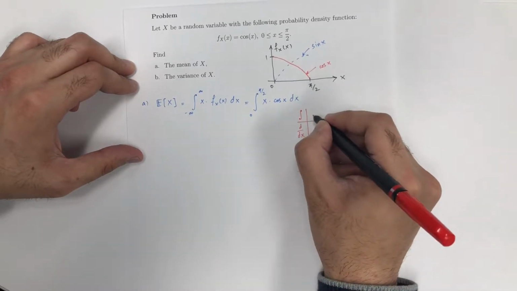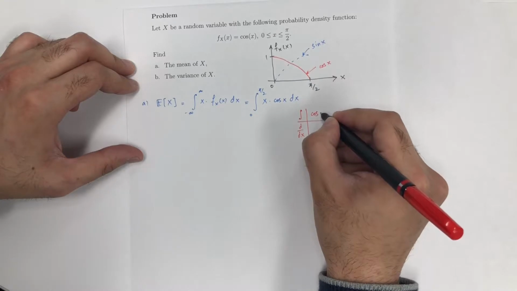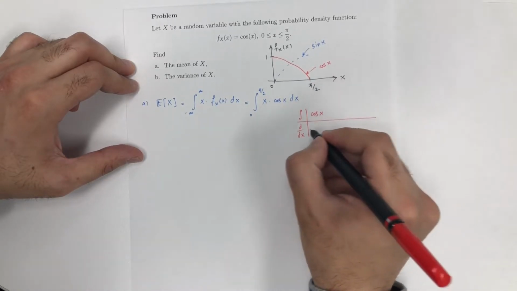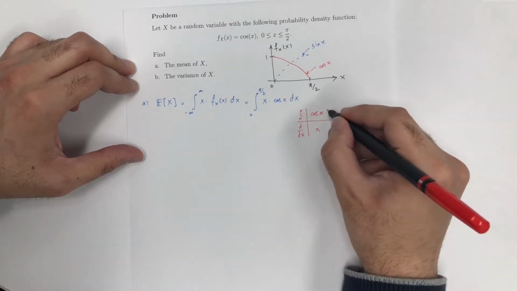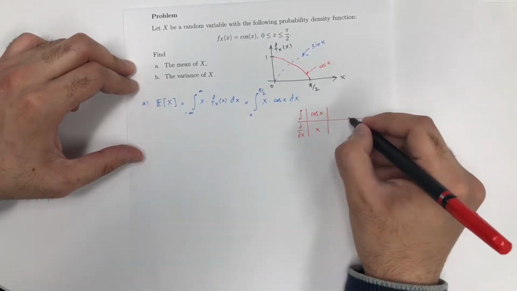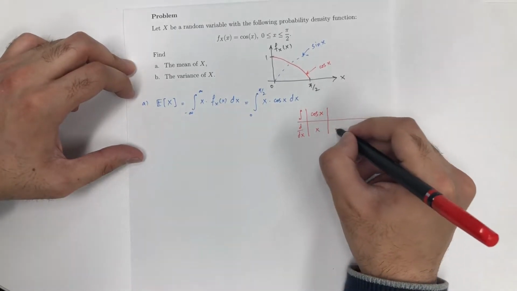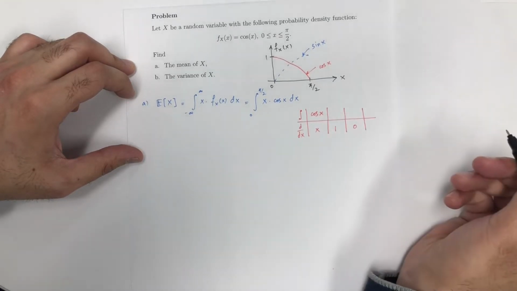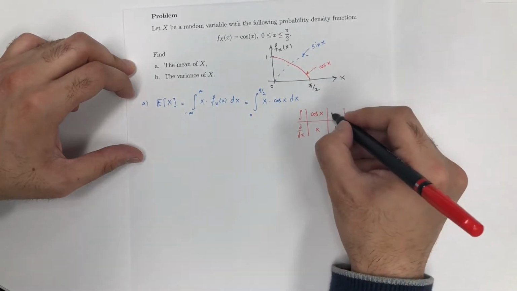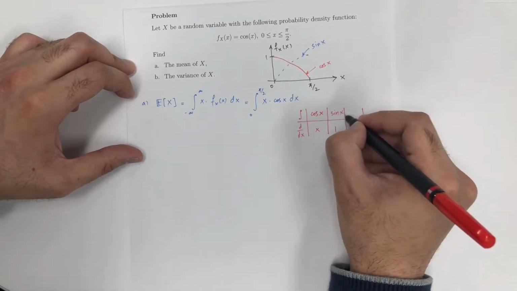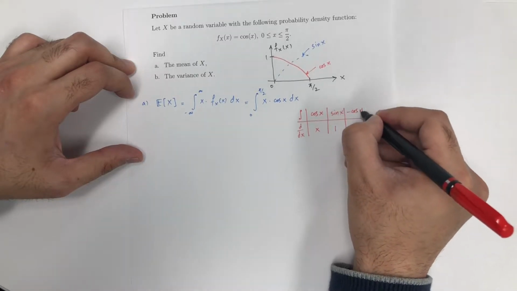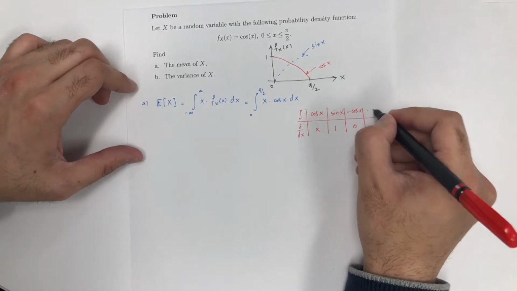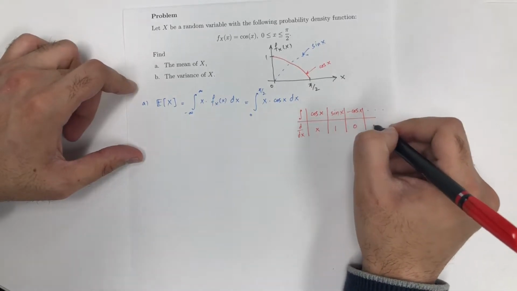So select cosine x as the integrating function and x as the differentiating function, because we know the derivatives of x are simple. So the derivative of x is 1, the derivative of 1 is 0, the integral of cosine is sine, the integral of sine is minus cosine x, right? And you can keep doing this, but you have to stop where you get the derivative to be 0.